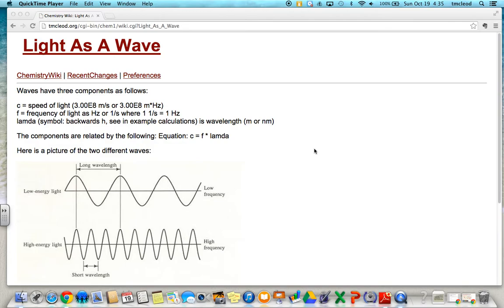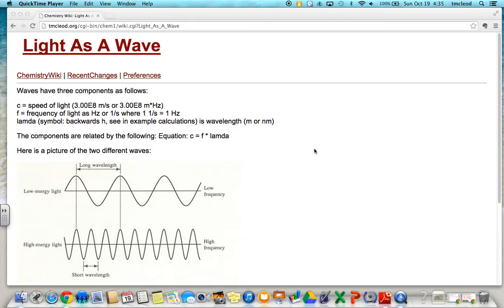Frequency means basically, if you are standing at a point and a wave is going by you, it's how many waves go by you in a given second, as long as you're not moving. The units are something called hertz or 1/second. They're equivalent to each other.